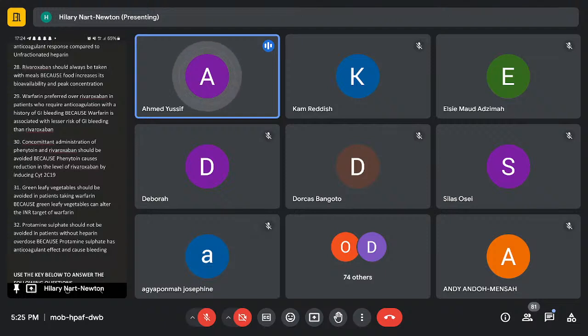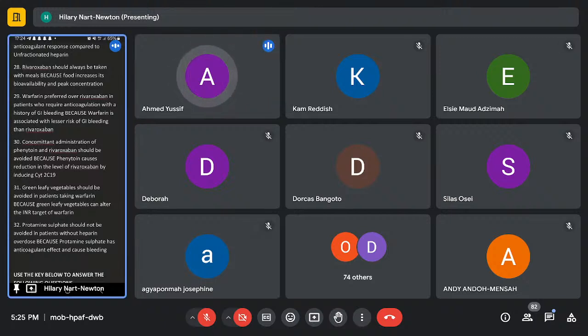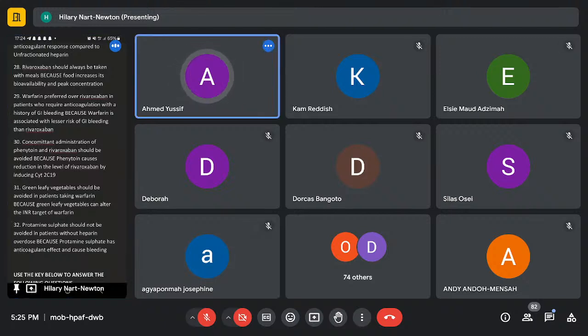But when you're looking at general bleeding tendencies, warfarin tends to have a higher bleeding tendency. But if you are being specific about GI bleeding, and you want a factor 10A inhibitor for someone with history of GI bleeding, apixaban is preferred over rivaroxaban, and warfarin is preferred over rivaroxaban because of lesser risk of GI bleeding.